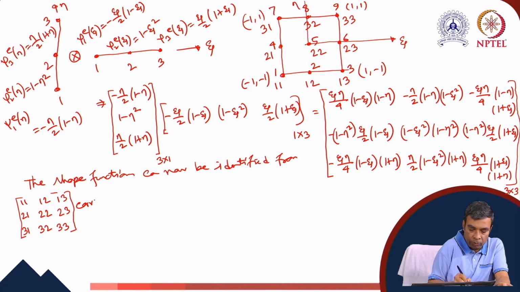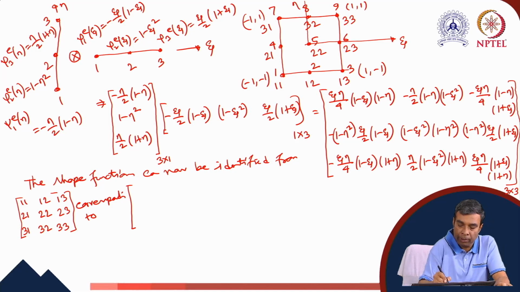It corresponds to 1, 1. This is corresponding to local node 1. So this will give us psi 1e. 1, 2 corresponding to local node 2. This will give us psi 2e. 1, 3 corresponds to local node 3. This will give us psi 3e.